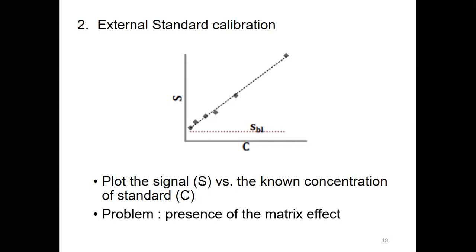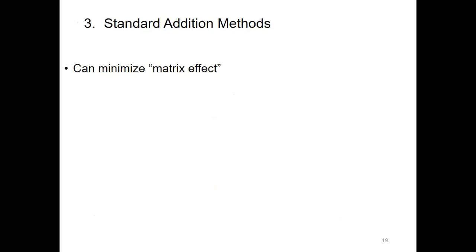If there's a matrix effect, we can use the standard addition method. That is the third type of calibration. By using the standard addition method, we can minimize matrix effect. I think you are familiar with it, but if you are not, I will explain it again.